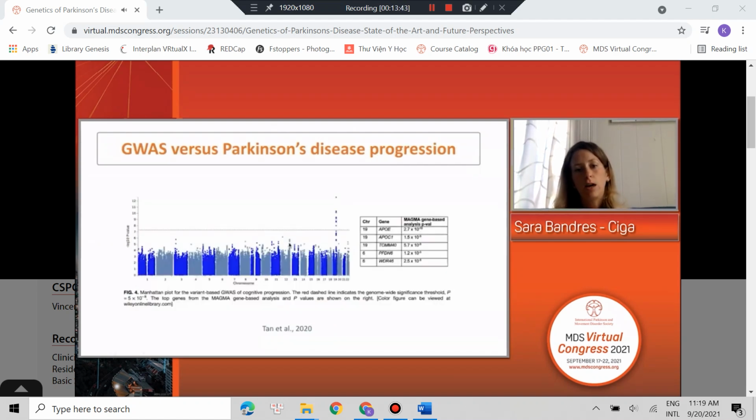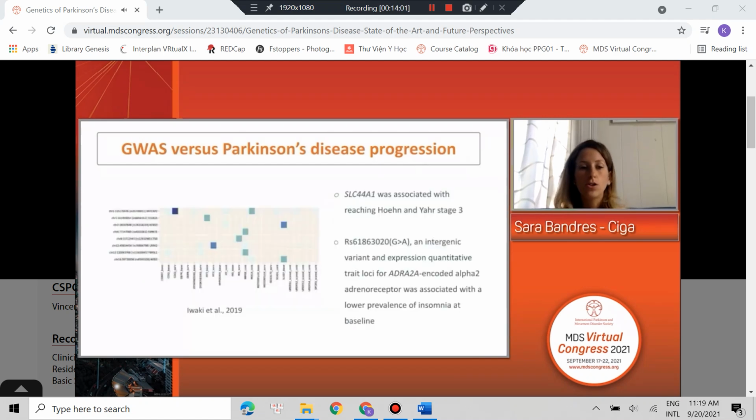And we also have this other recent and interesting GWAS on Parkinson's disease progression that included clinical data for over 3,000 participants, showing that the ApoE4 allele drives progressive cognitive impairment in Parkinson's disease. Or also, we have this other recent GWAS on Parkinson's disease progression that followed up over 4,000 patients, and this one identified 2 novel variants associated with different progression phenotypes.